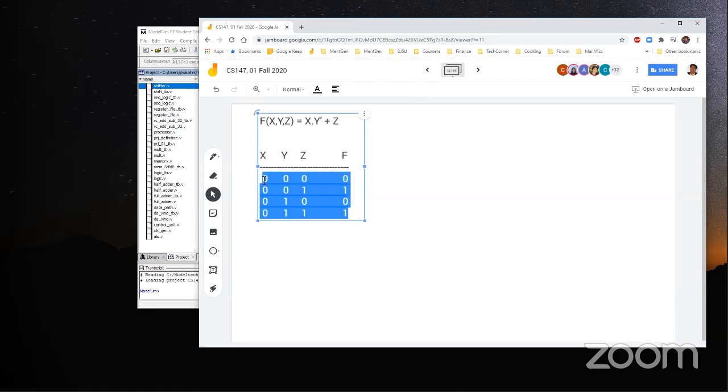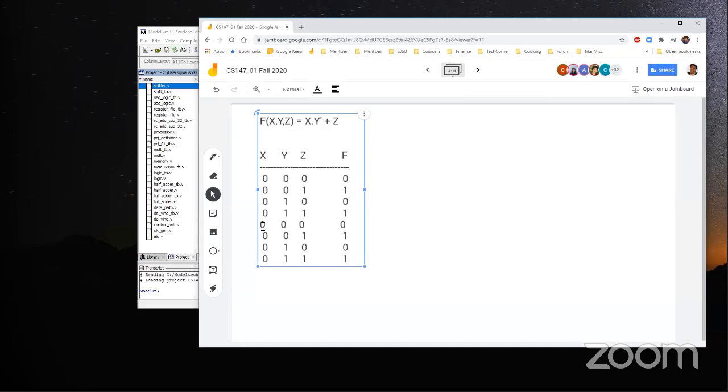Okay, and let's copy this. 1, 1, and the function would be 1, 1, 0, 1. Okay, so this is the truth table for this function.